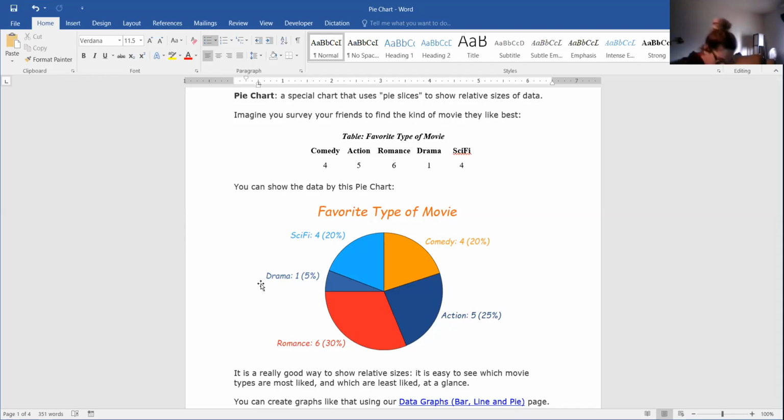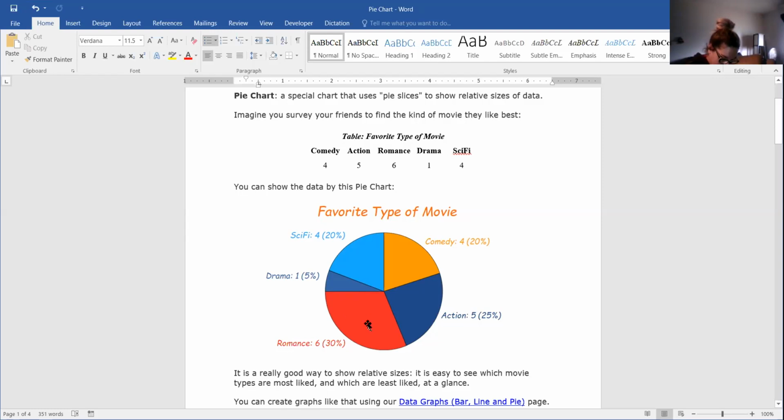The values often are left out if those numbers of responses or occurrences are very high, if you're looking at population data, say in a survey or a census. So again, this is very quick. You can see the very biggest section of pie is romance. That's obviously the largest section.